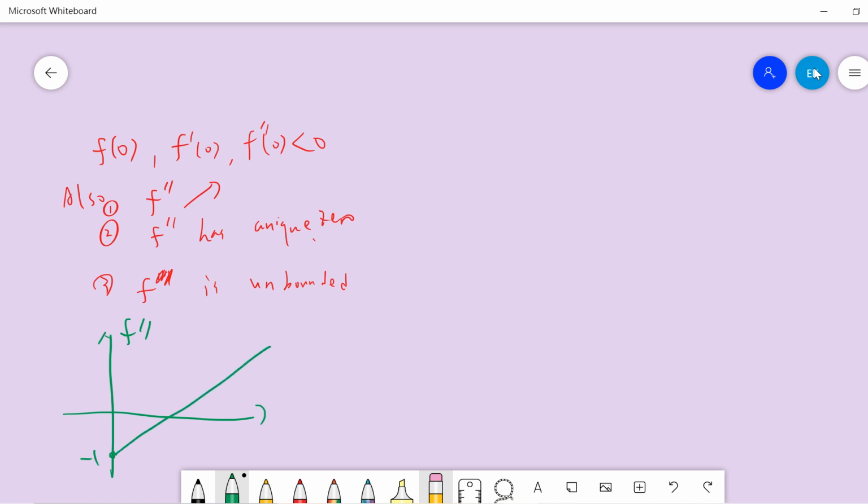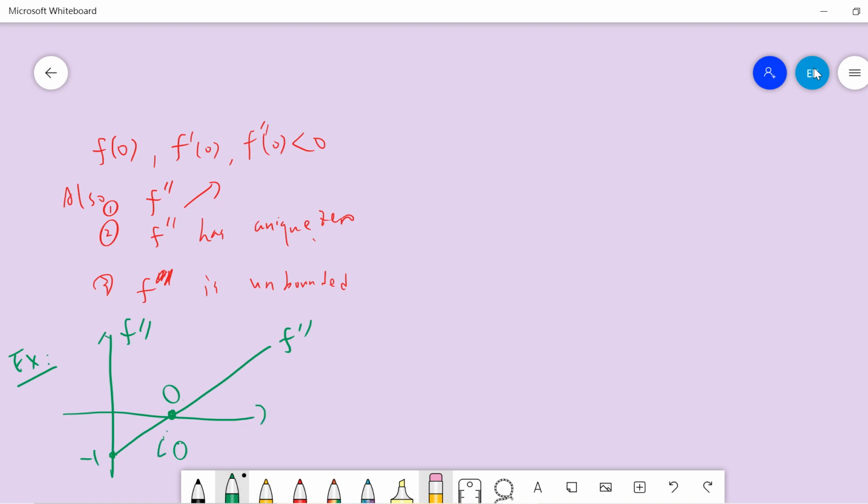So maybe f' looks like this. This is an example. Suppose this point is called C.